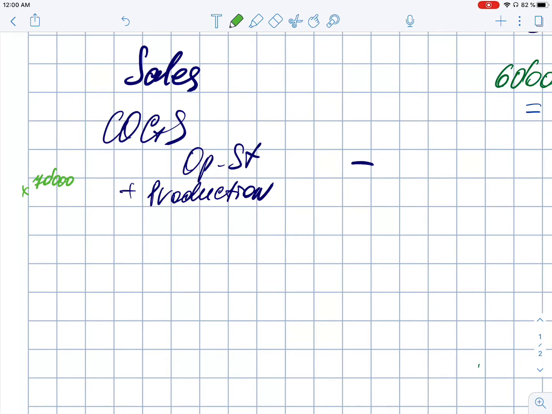And total variable cost is compiled out of direct materials, 10 per unit, plus direct labor, 4 per unit, plus variable overheads, 2.5. So 16.5 is the total amount of variable cost per unit. And if we multiply it by 70,000 units produced, we can easily calculate the total cost of production, 1,155,000.